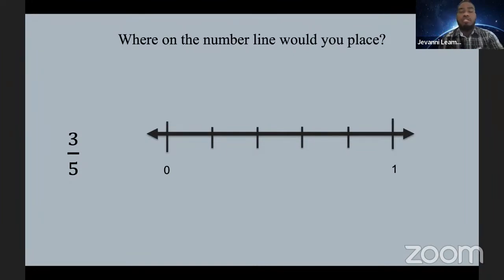Can anybody give me a reason as to why I have so many strokes on this number line as it pertains to 3/5? You can open your mics or you can type in the chat. Why would I use so many strokes on this number line?